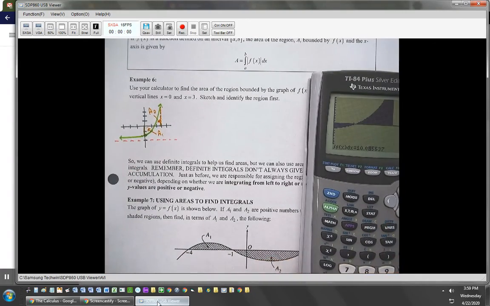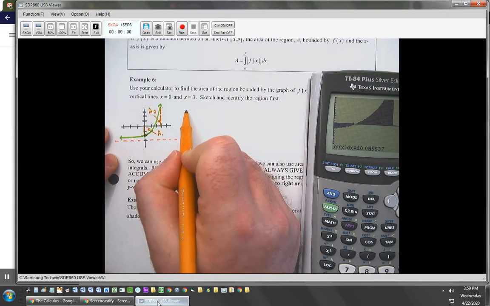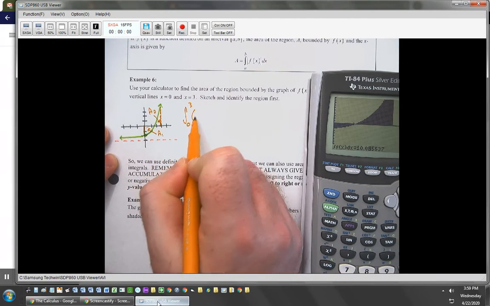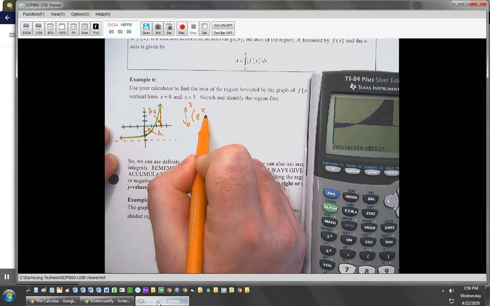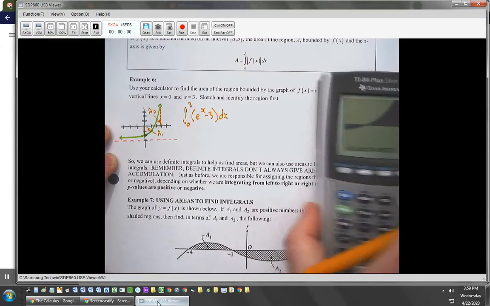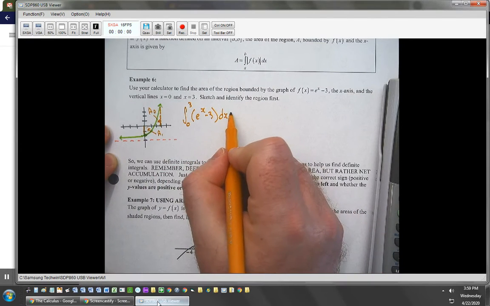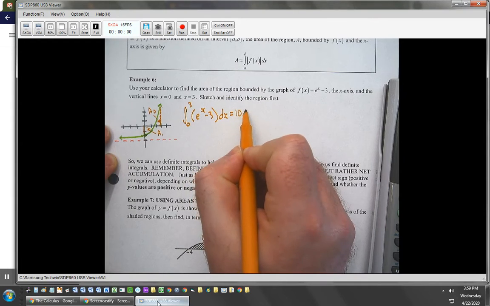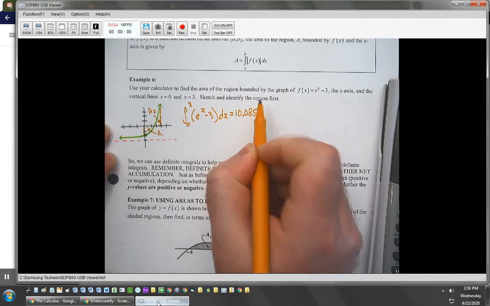So it's tempting to integrate. It's tempting to do the integral from 0 to 3 of my function. Actually, I was looking at my notes, and I did this a couple years ago. This turns out to be 10.085. But this is wrong.